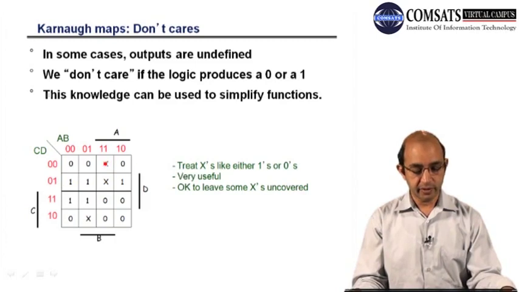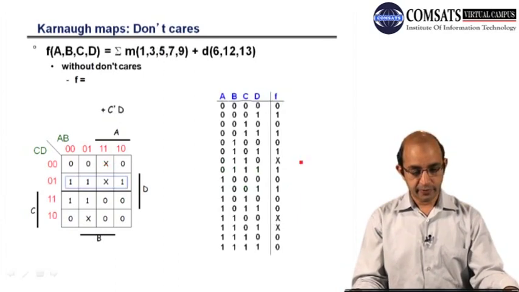We can place zeros there, or we can have ones, whatever is convenient for us. Here we have a Boolean function of 4 variables A, B, C, D, and these are the minterms and these are the don't care conditions.